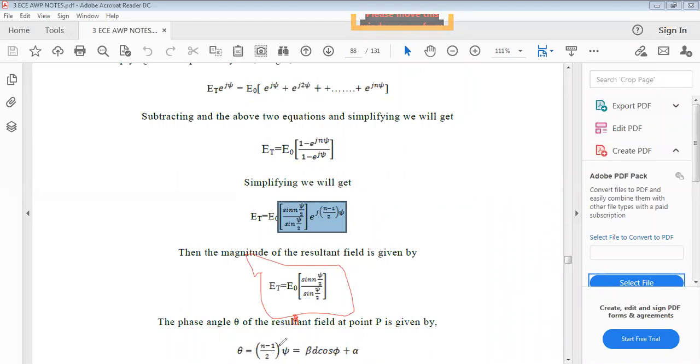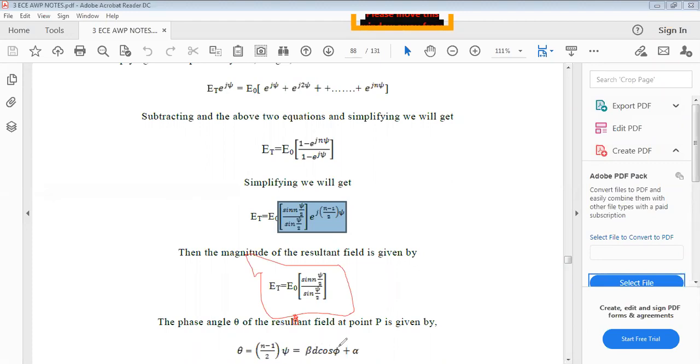Here (n minus 1) by 2 into psi is equivalent to the total phase difference for an n element uniform array. That is equivalent to beta d cos phi. Already we know the total phase difference equals path difference into beta, the wave number.